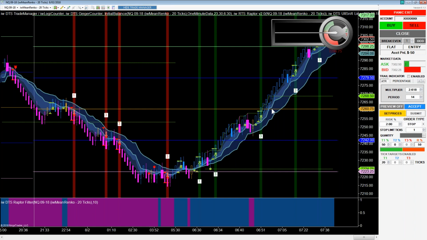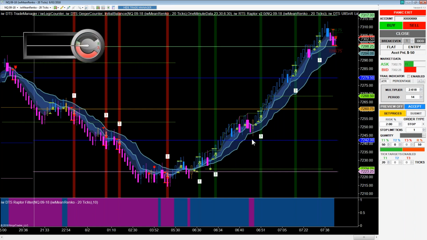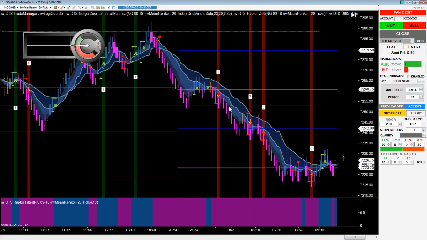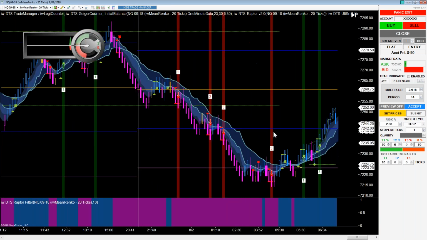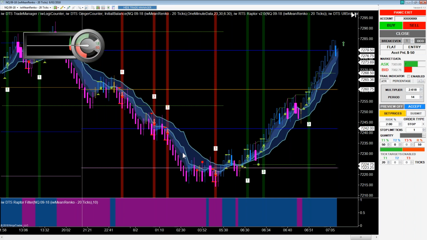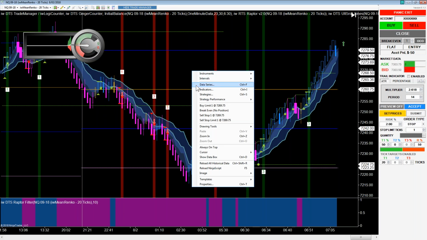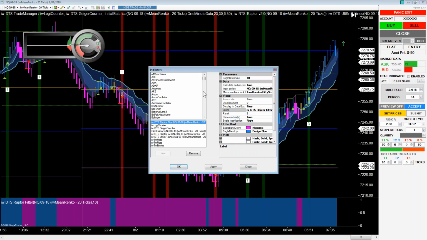It just totally messes up your cloud, right? You got no opportunities. You're going to get mostly number 1 signals. I saw we had a couple number 3 signals here, but you're not going to get any signals. So you're looking at your chart like this and it's like, okay, well, that's not right. So then you need to change your clouds.